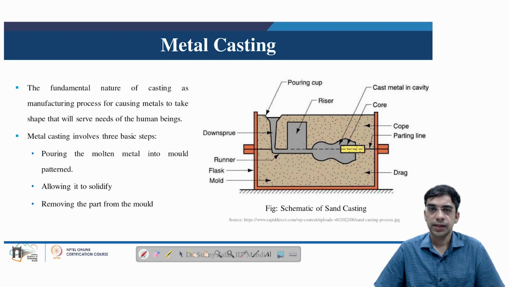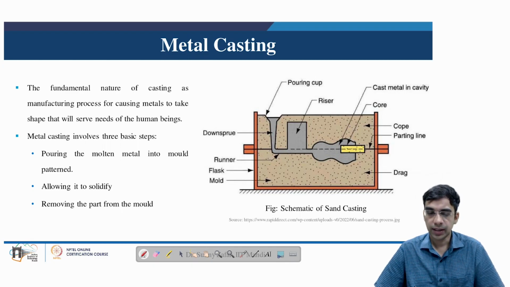The molten metal is then allowed to solidify in this cavity, and upon solidification, it takes the shape of the cavity and the solidified part is subsequently removed. So these are the main essential steps in any casting process.